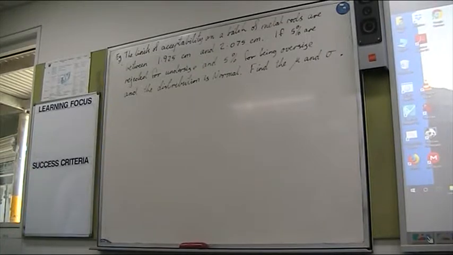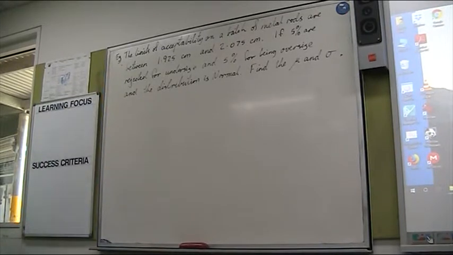Alright, so this machine is making metal rods, and the metal rods are acceptable if their length is between 1.925 centimetres and 2.075 centimetres. We're told that 5% are rejected for being undersized, 5% for being oversized, and we've got a normal distribution.